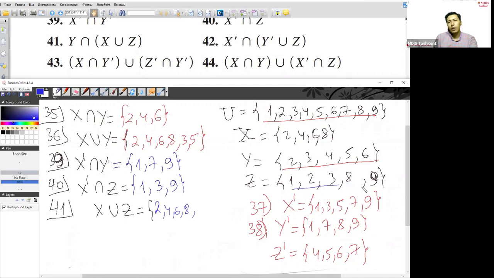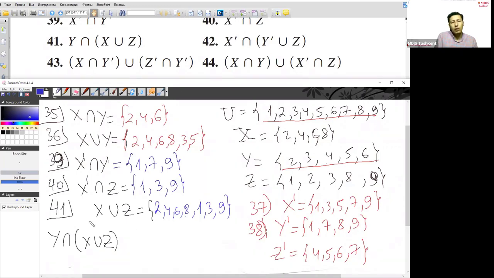Then we copy elements of z. So 1, do we have 1 here? No. 2, we have already, no need to write it twice. 3, all right, 3. 8, we have already, and 9. Now you can find y intersection with x union z.